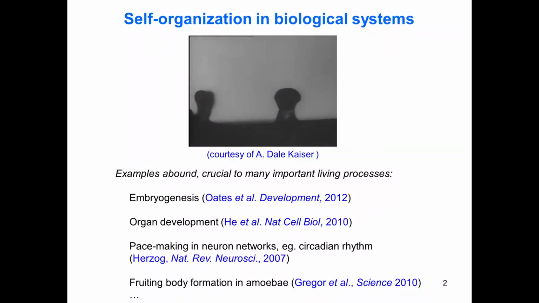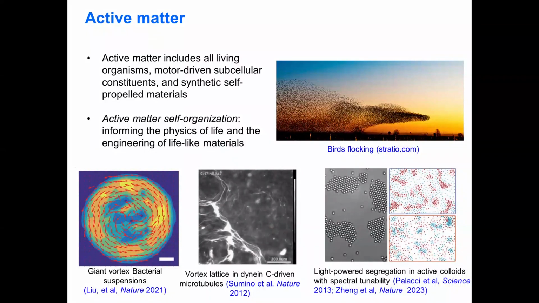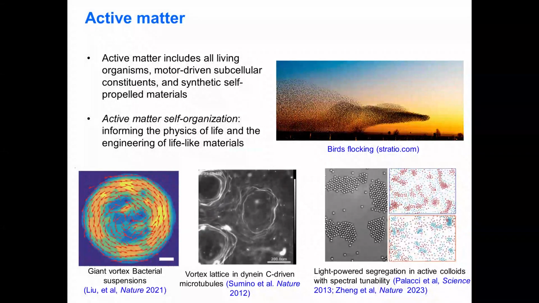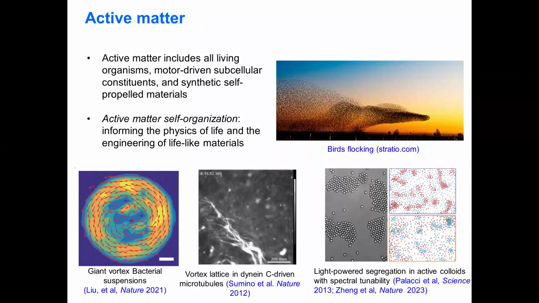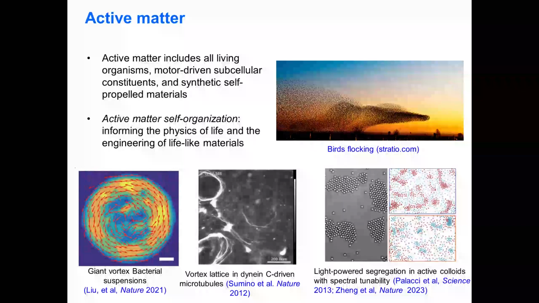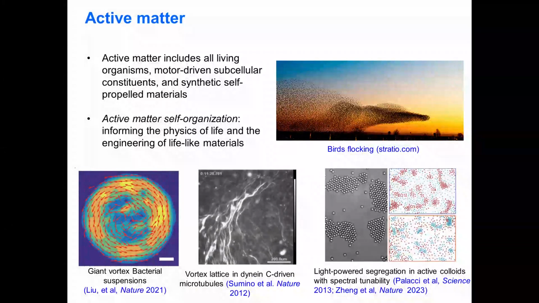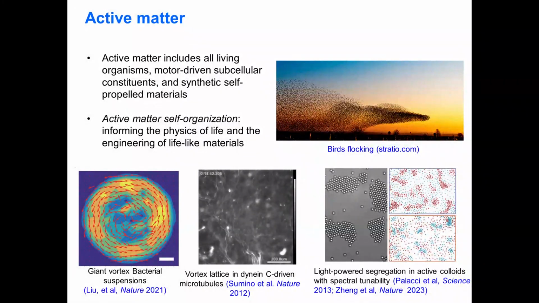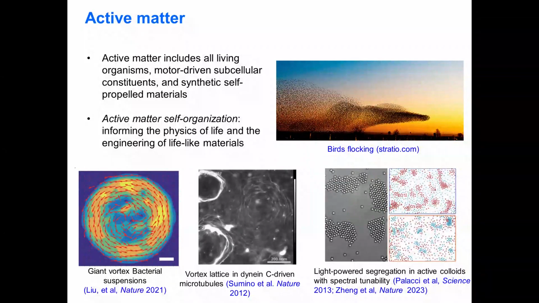In fact, the understanding of order in living things was made primary in the framework of active matter theory in the recent 2 decades. Active matter theory has become an important framework to understand the self-organization process of living things.